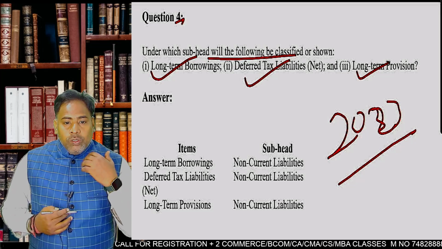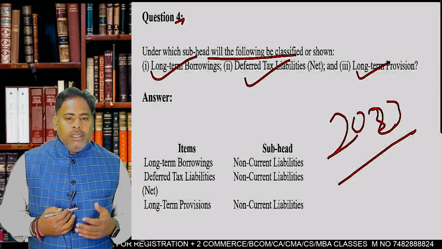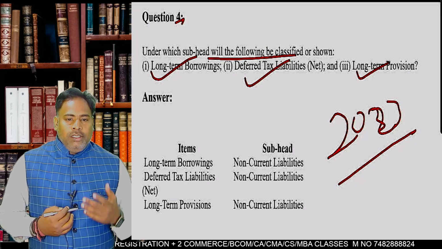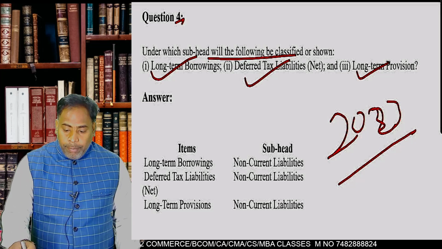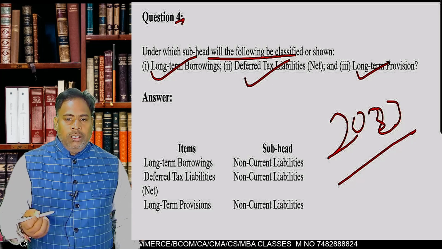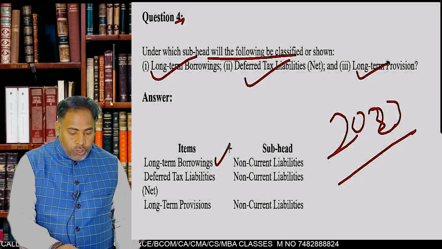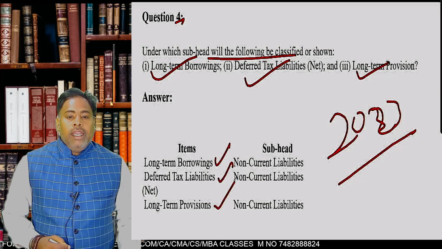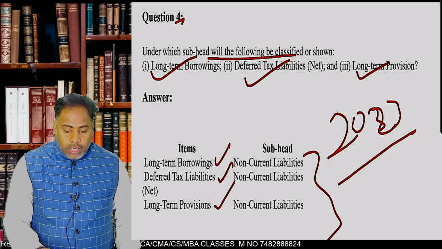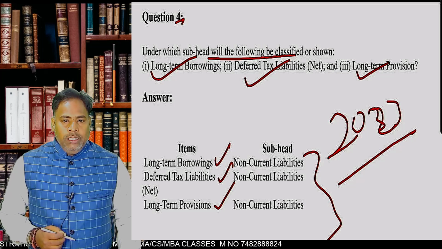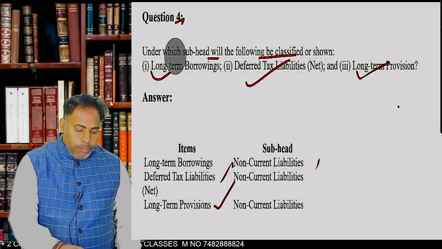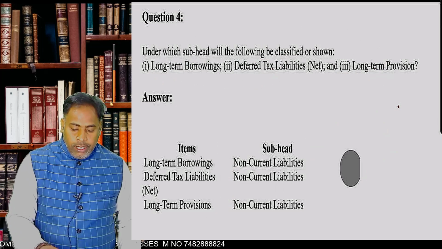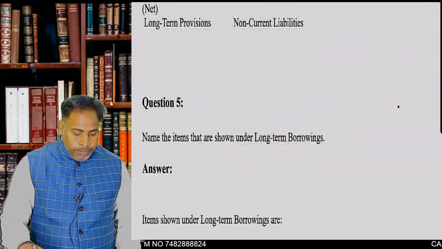If you are going to pay within the short term, then it is a current liability, but this is a long-term liability, so the company needs to pay later on. So long-term borrowing, deferred tax liability, and long-term provisions are called non-current liability. I hope you are able to understand that. It is very clear about all the questions.